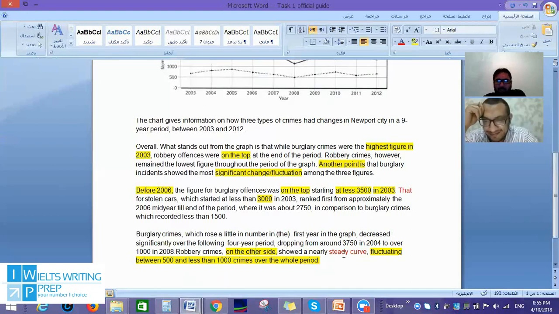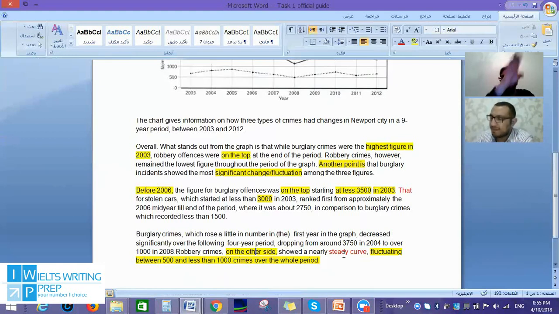Now, "showed a steady curve." Steady trend? I would say the rate remained stable throughout the period, maybe.